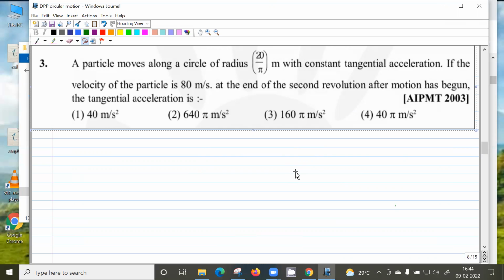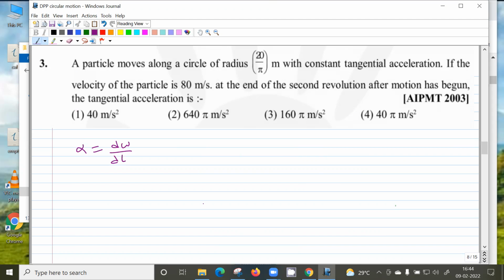So alpha is d omega by dt, right? Yes, sir. So here omega is constant only, no, sir.